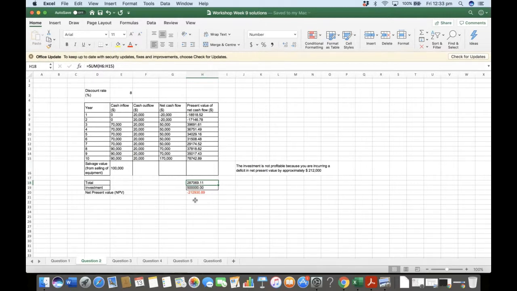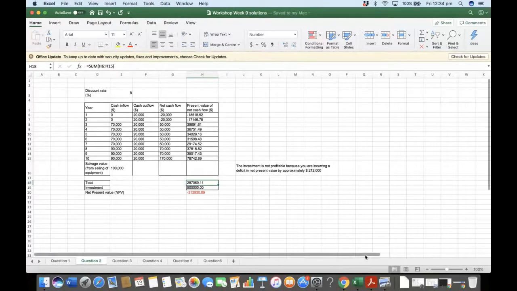And just by looking at this net present value, you can say that the project is not profitable. Here you can see the investment is not profitable because you're incurring a deficit, or you're incurring a loss in the net present value by approximately $212,000. Okay, so this is the solution for the second exercise.